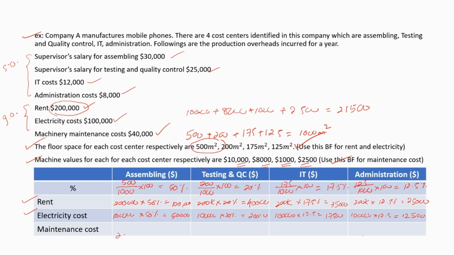So for assembly, 10,000, because the machine value for assembly is 10,000, divided by 21,500, multiplied by 100%. We are calculating the percentage value here. This is equal to 46.5%.